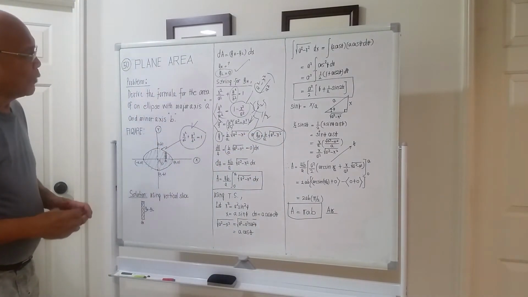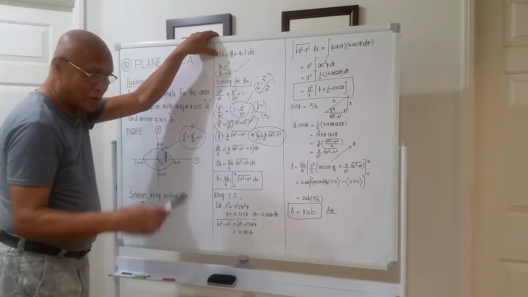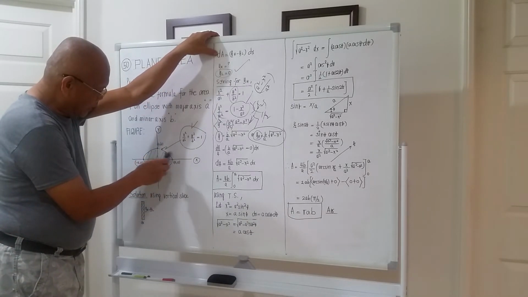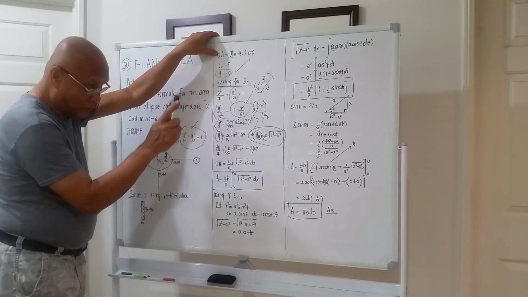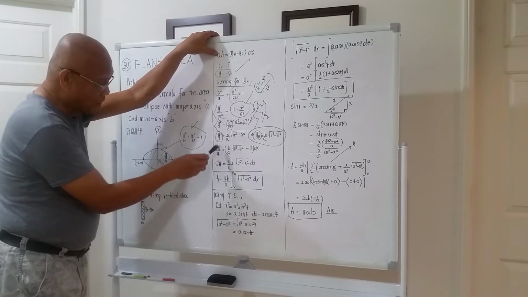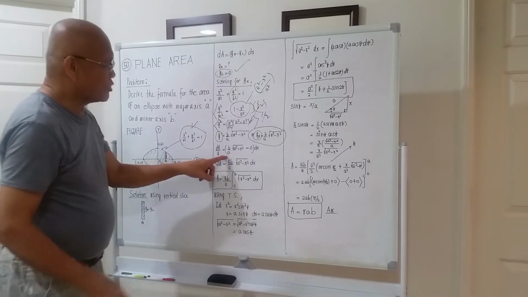Going back to the differential area, by using symmetry, to take the total area of the ellipse, just take 1/4, then multiply it by 4. So I place it here, differential area over 4 equal to, what is y higher?